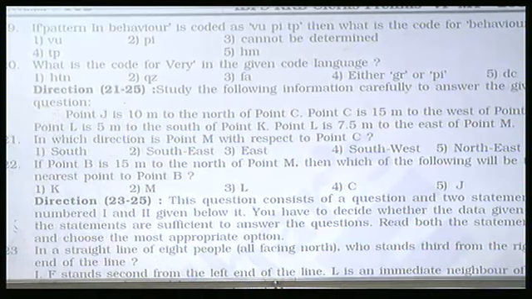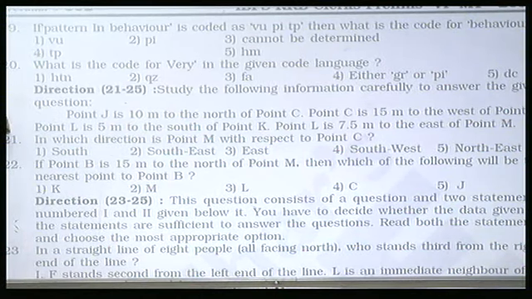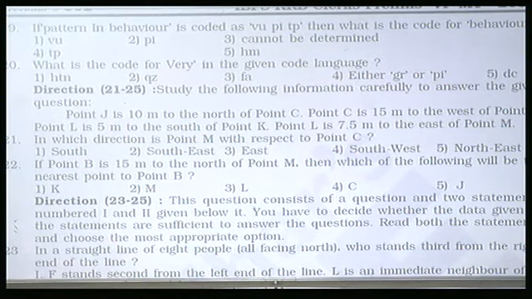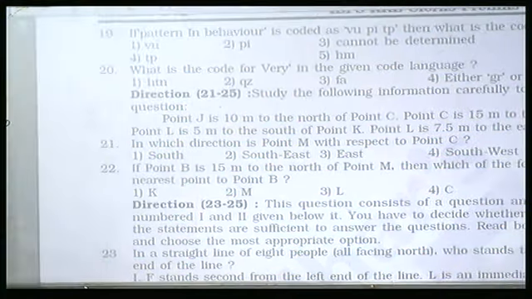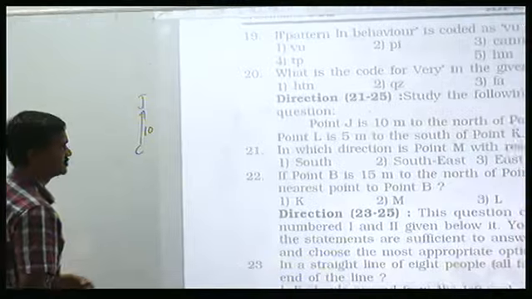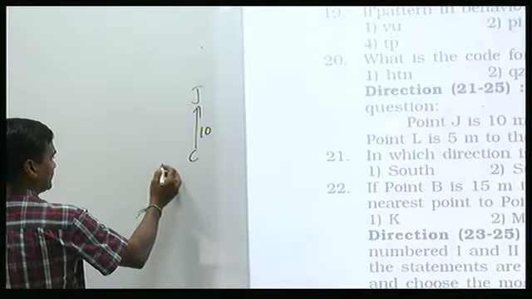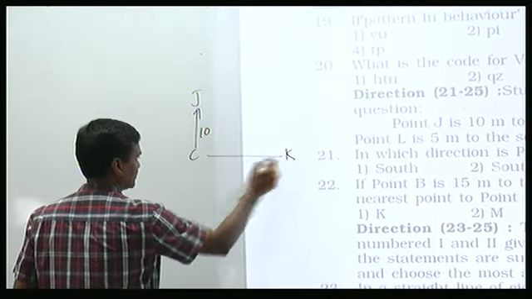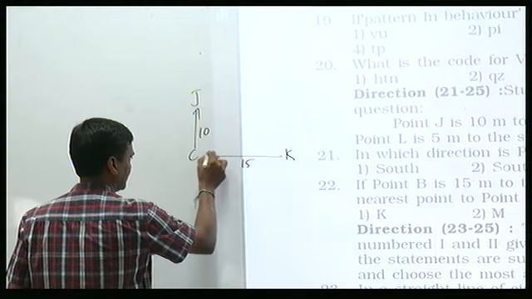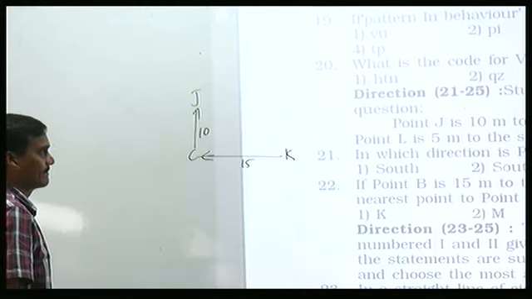Point J is 10 meters to the north of point C. The distance between these two is 10. C is 15 meters to the west of K. C is 15 meters to the west of what? West of K.